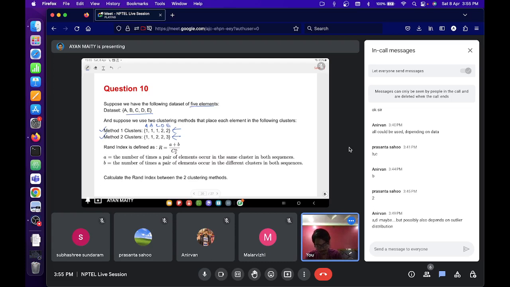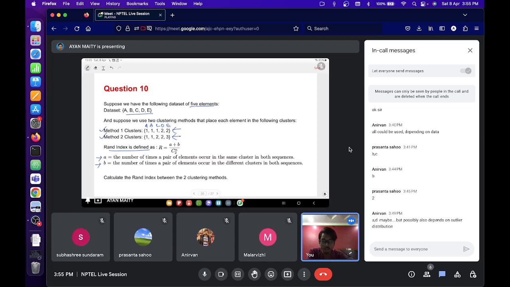And the Rand index is defined as R equals A plus B divided by n choose 2. So n here is 5 because we have 5 elements, and A and B are defined here. A is the number of times a pair of elements occur in the same cluster in both sequences.